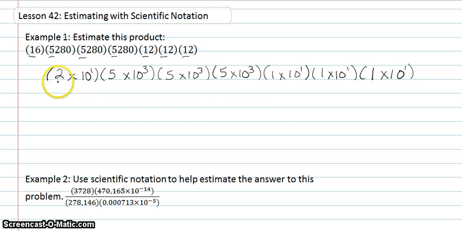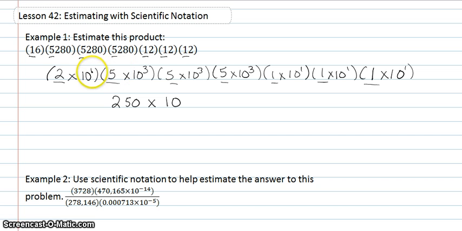Okay, now I'm just going to multiply the numbers together here. So this would be 5 cubed, which is 125, times 2, which would be 250, times 10. Then I will add all the exponents.